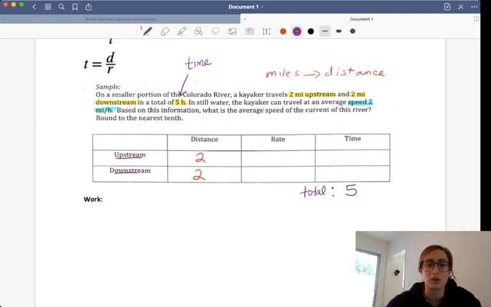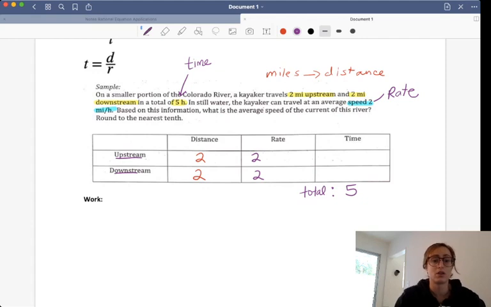Okay, miles per hour is a way of measuring rate. Okay, so I know that for both of these rates, it's going to have something to do with 2. Okay, but going upstream and going downstream are not going to be going at the same rate.